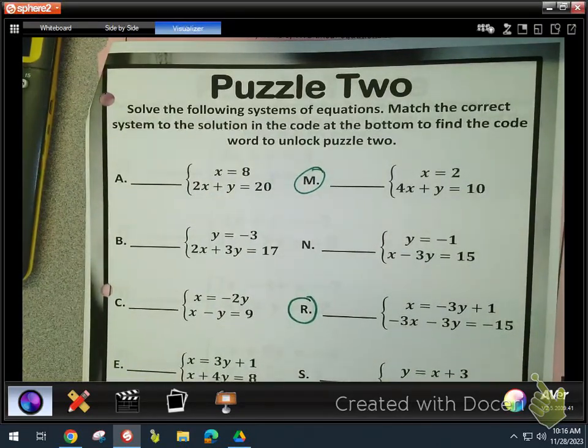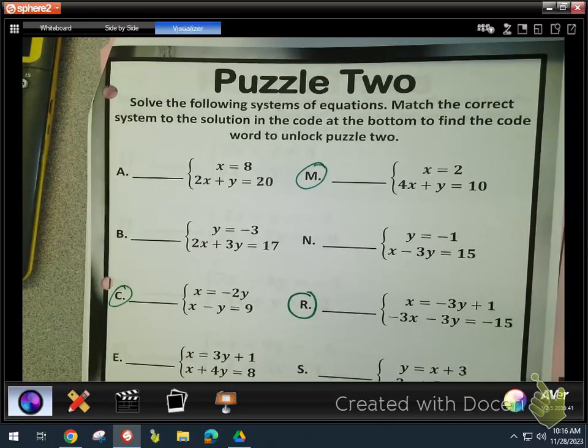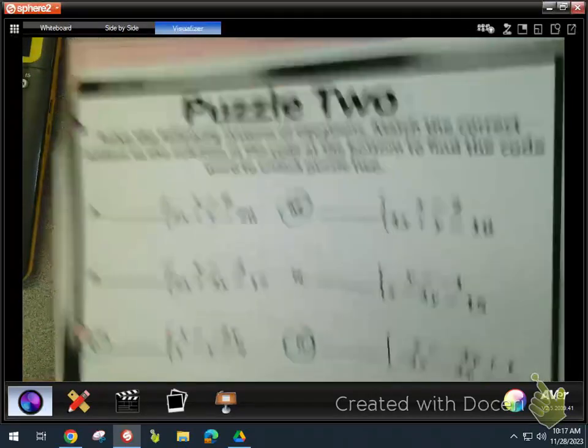I should probably look at the answer key before I do all of these. Let's do A. So these 4 problems are the ones that I want you to get done.